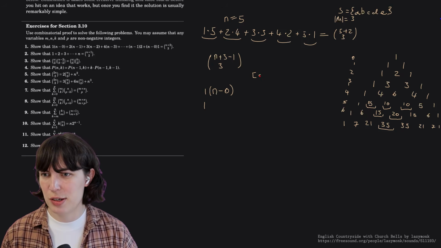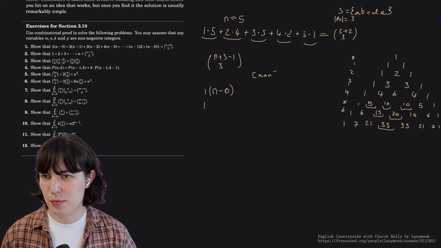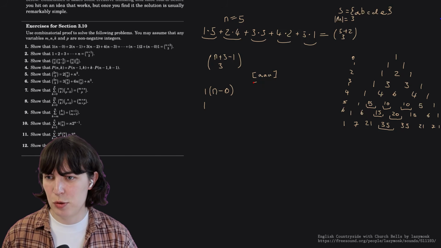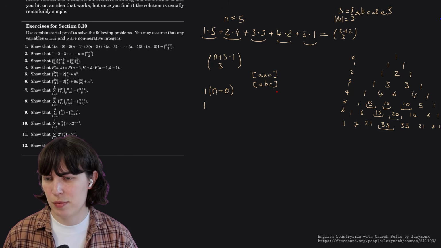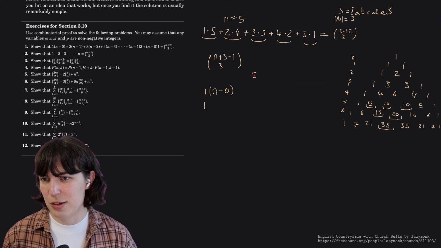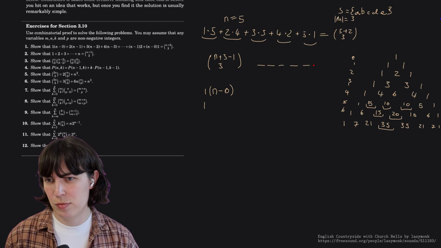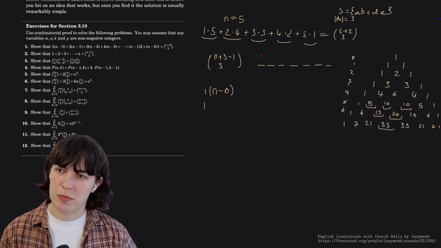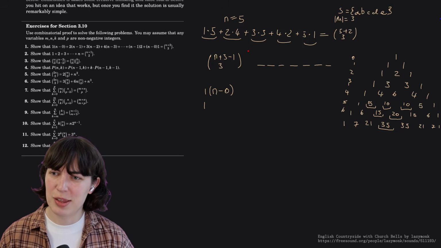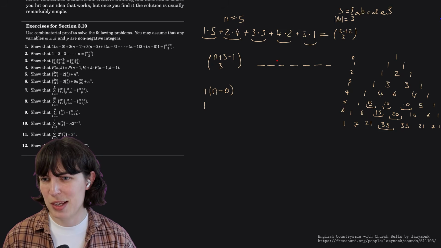Then we could construct A, or we could construct, for example, A, B, C. If we're doing this, then we're picking out 3 places to put the dividers, the bars.